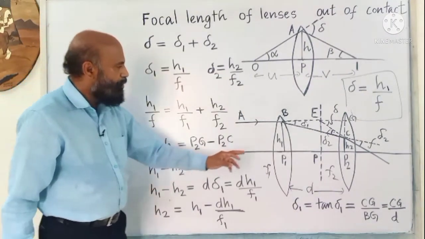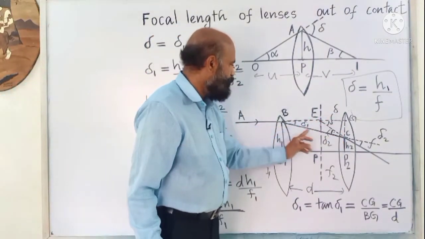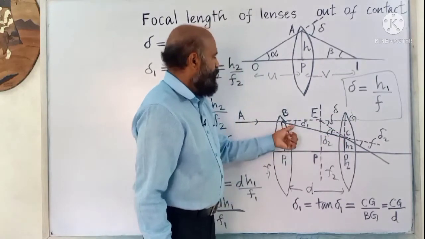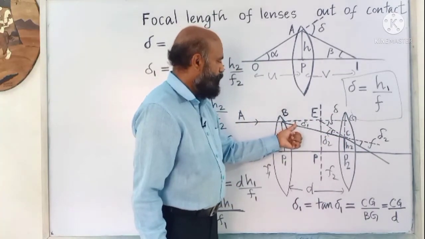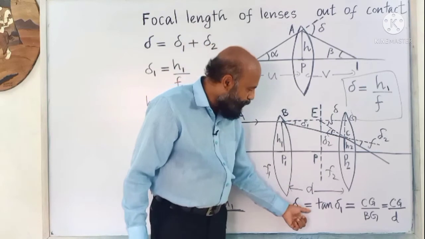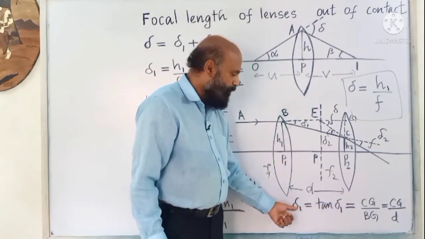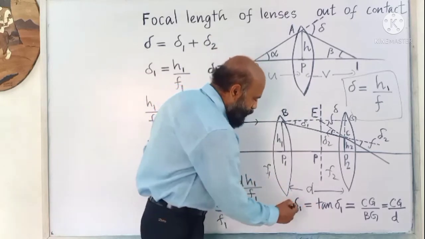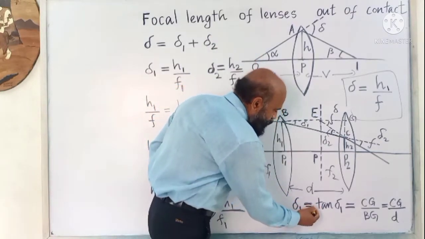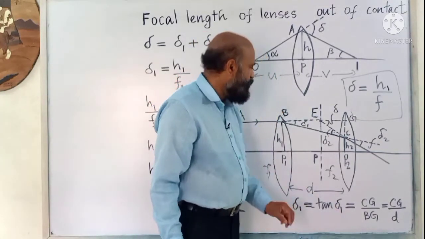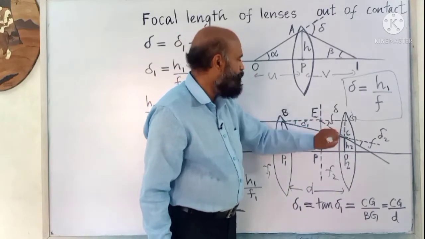Now in this triangle, delta 1 is approximately equal to tan delta 1, because the angle is very small. Tan delta is opposite side by adjacent side.